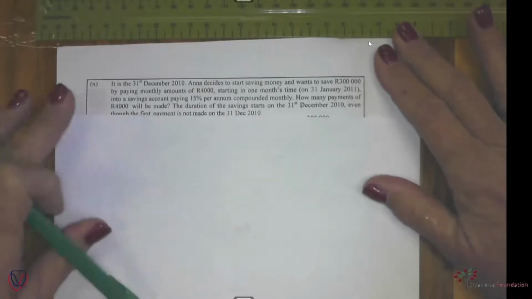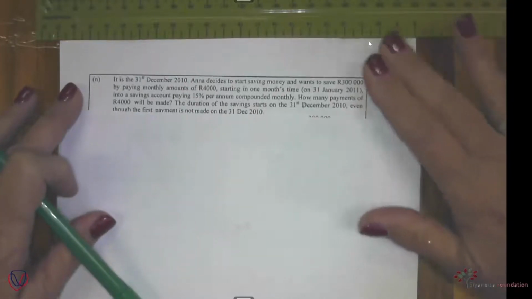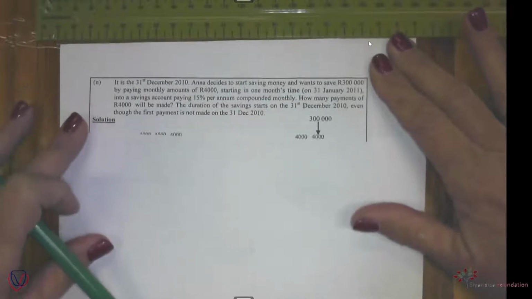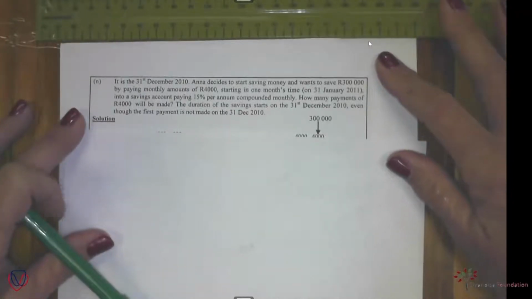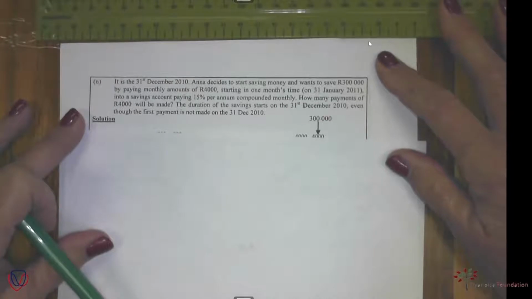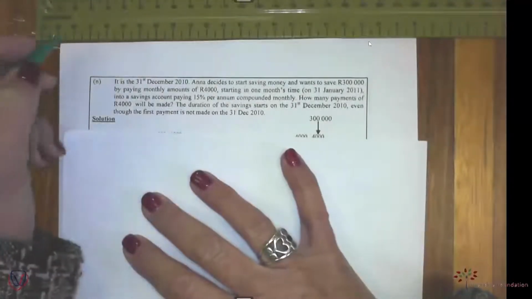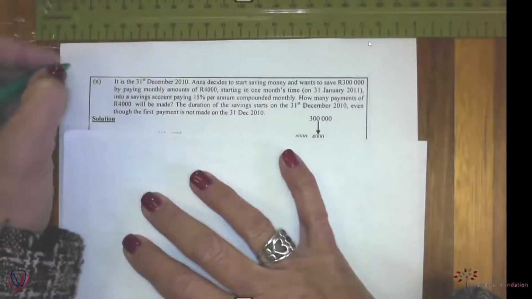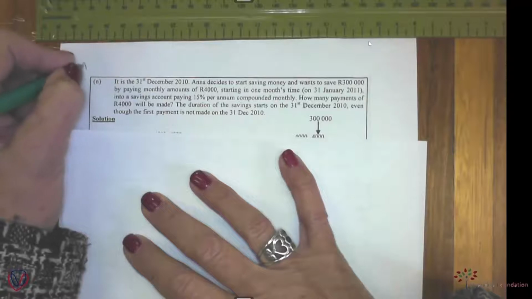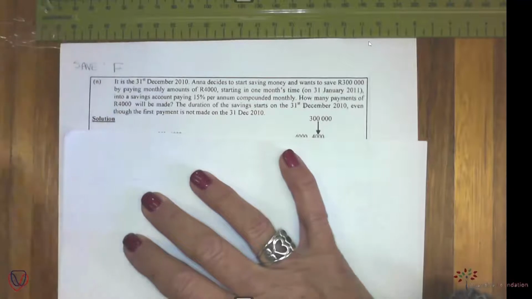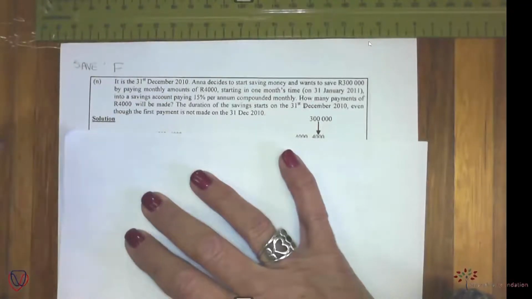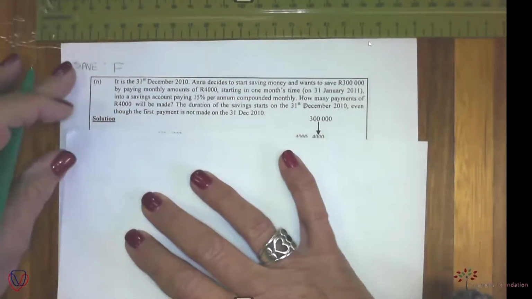Now let's read this question first. They say, it is the 31st of December 2010. Anna decides to start saving and wants to save 300,000 by paying monthly amounts of 4,000. Okay, let's see. She wants to save. So if you hear the word save, you are going to use the F formula, future value. What is she going to have after a few years?